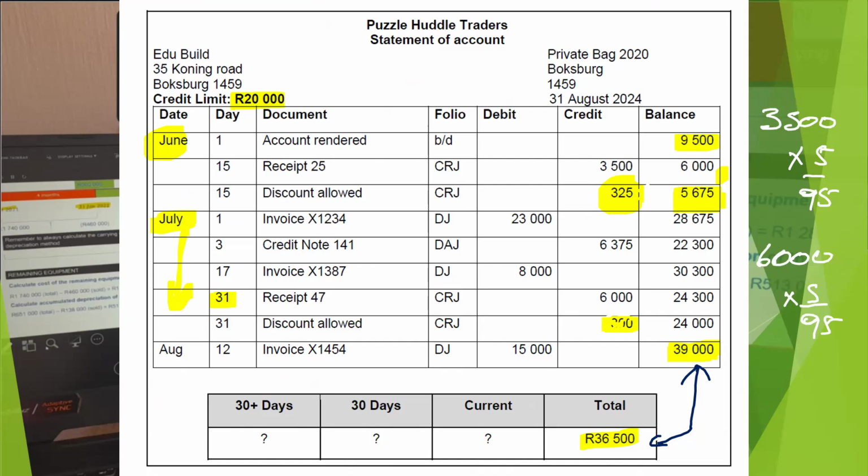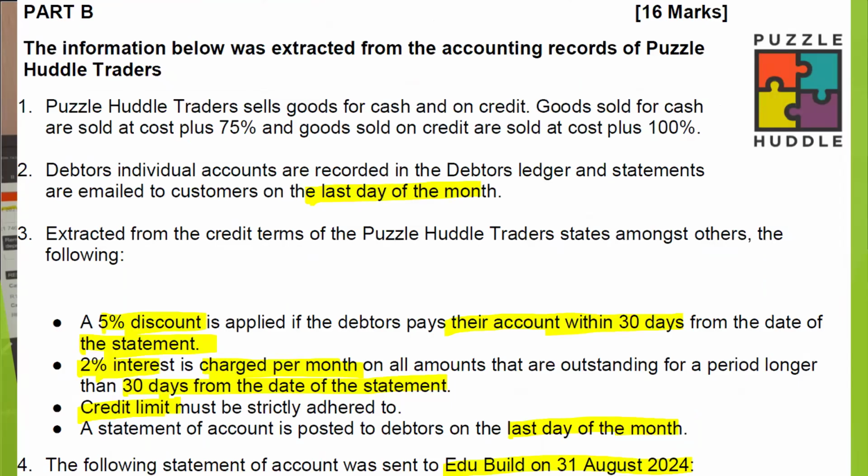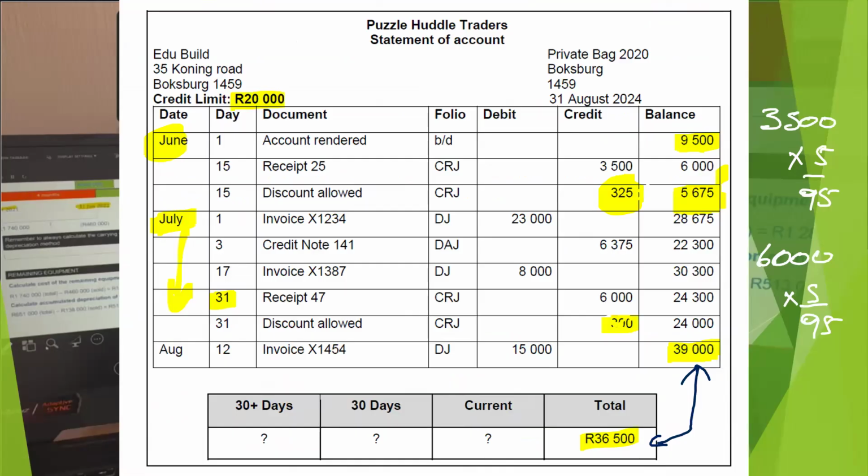They said interest is calculated at 2% for amounts outstanding for a period longer than 30 days. That's what they said. But when you look at this statement here, there's no interest at all.